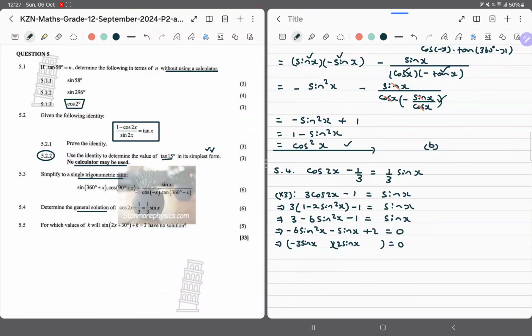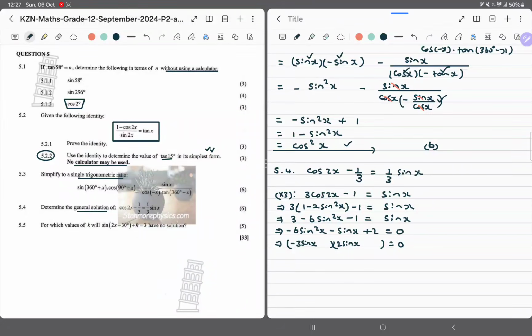My factorization is kicking me in the face, because now I'm trying to see. This is going to be times that is going to be 6. 6 minus 2 gives me 4, not 5.